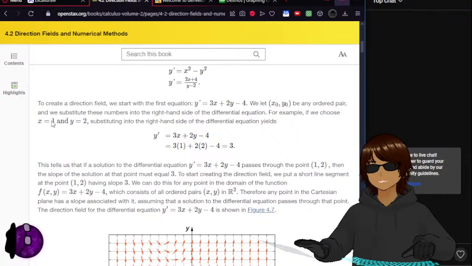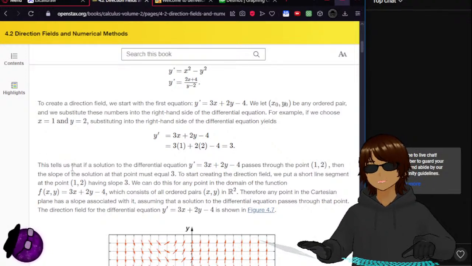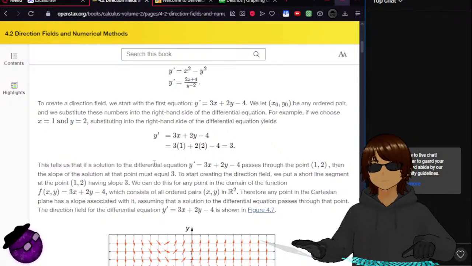For example, if we choose x is equal to 1 and y is equal to 2, substituting into the right hand side of the differential equation yields derivative of y is 3. This tells us that if a solution to the differential equation passes through the point 1, 2, then the slope of the solution at that point must equal 3.